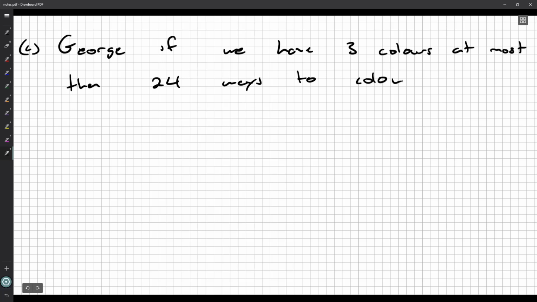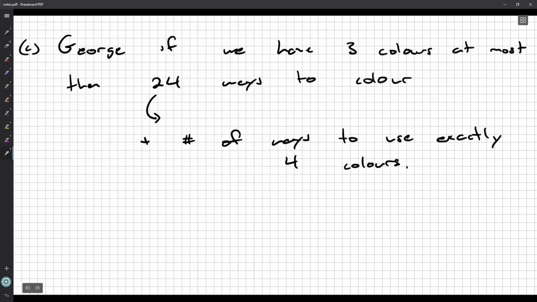So what's the difference between George and any other child? Well, George could only use 3. Another child could use 4, and that's the only thing we're missing. Okay, so we'll use these 24 plus the number of ways to use exactly 4 colors, because other children can use the red.